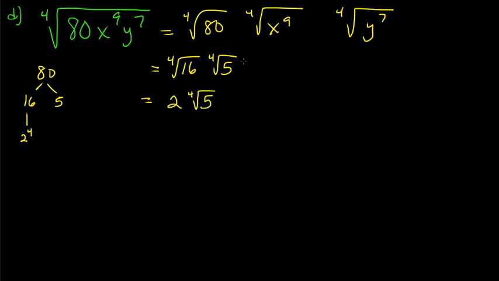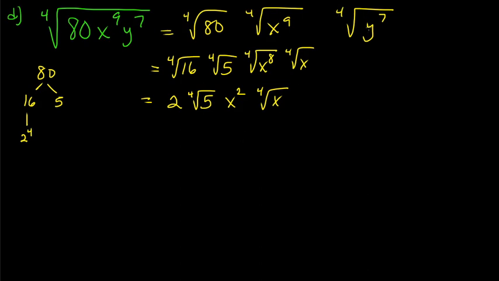For the fourth root of x to the 9, we can do the fourth root of x to the 8 times the fourth root of x to the 1, right? Because 9 is 8 plus 1. Yep, so the fourth root of x to the 8 is just x squared times the fourth root of x.